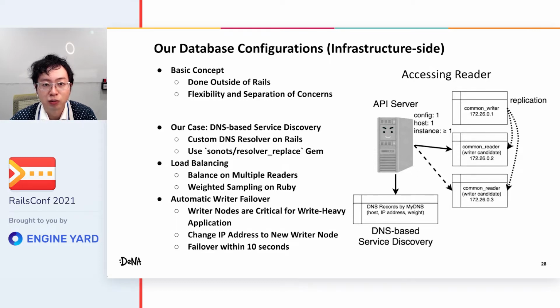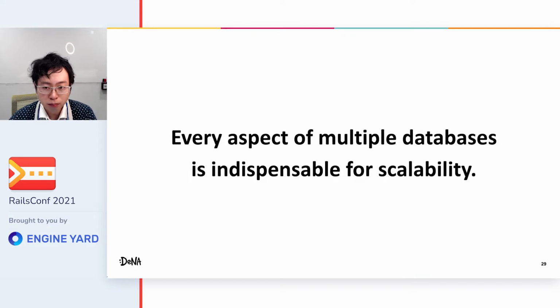Load balancing is conducted on the weighted sampling of IP addresses, and automatic writer failover is executed by changing the IP address to a new writer node. So, every aspect of multiple databases is indispensable for scalability.